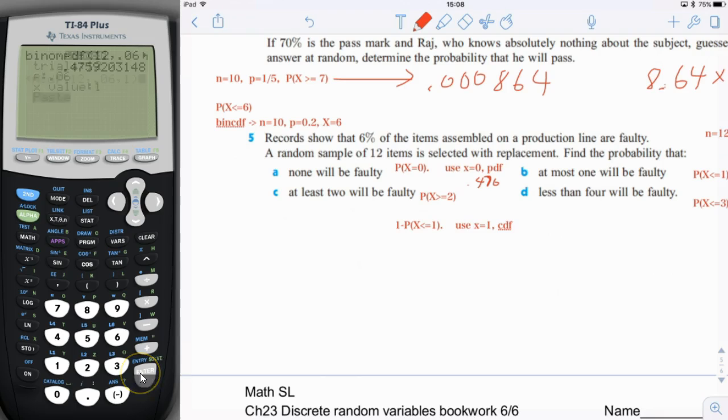After we get this answer, we are going to subtract it from 1 to get the real answer, because what we really found is the opposite of x is greater than or equal to 2. What we found is x is greater than or equal to 1. So it would be 1 minus this number, which is 0.160.